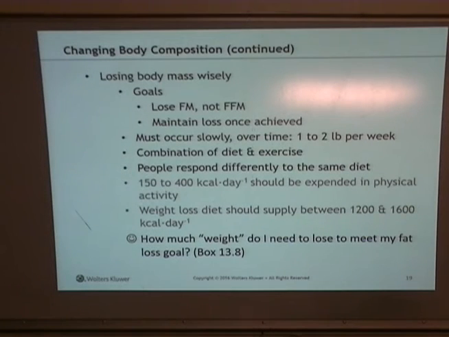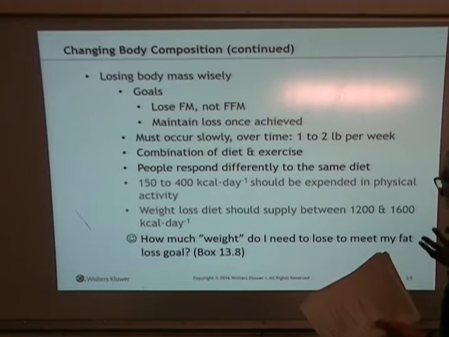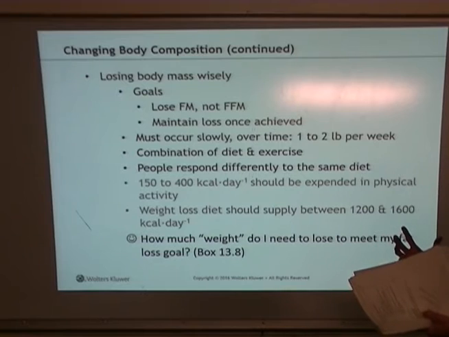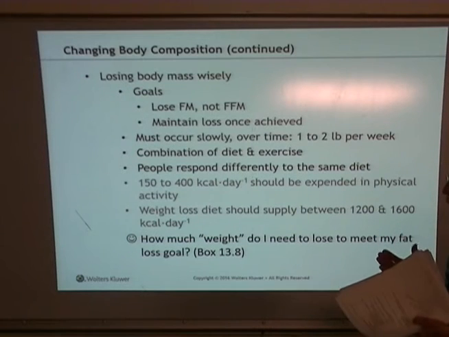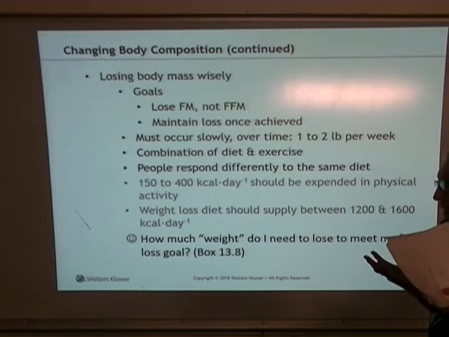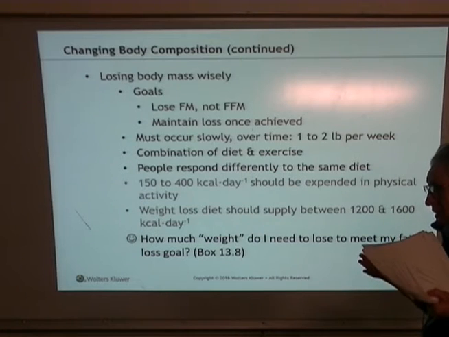So the next two lines I've got in grey, and I know I mentioned this previously, but I'm going to say it again just to highlight this idea. 150 to 400 kilocalories a day expended in physical activity. So if I go for a 2-mile walk and I walk at 4 miles an hour, that's about 180 calories, right?